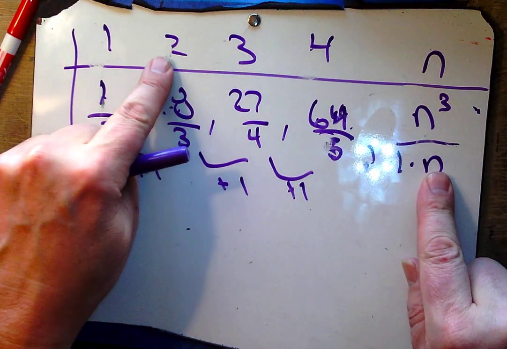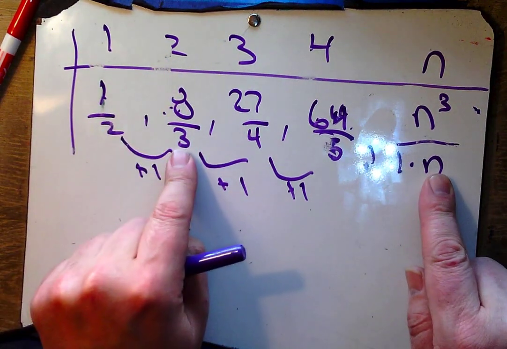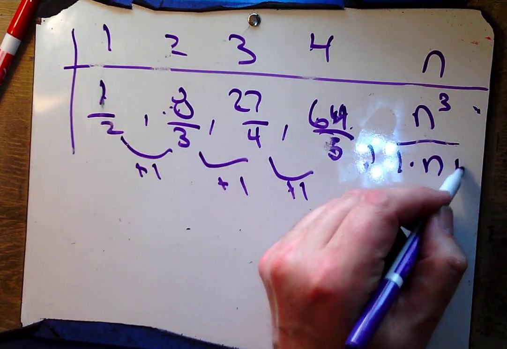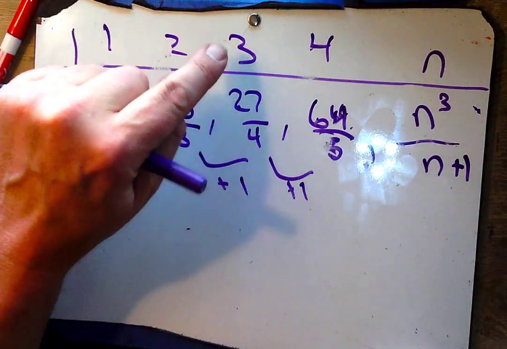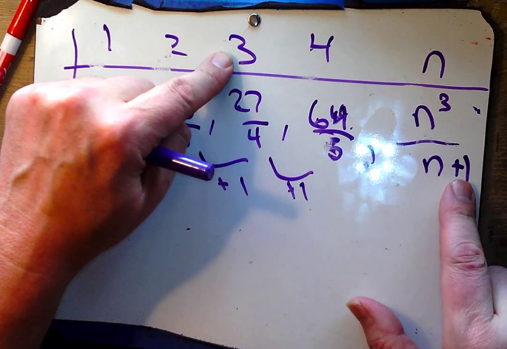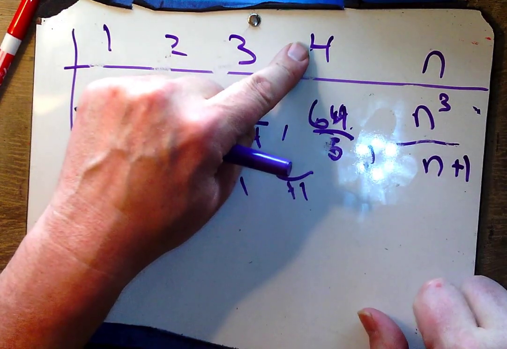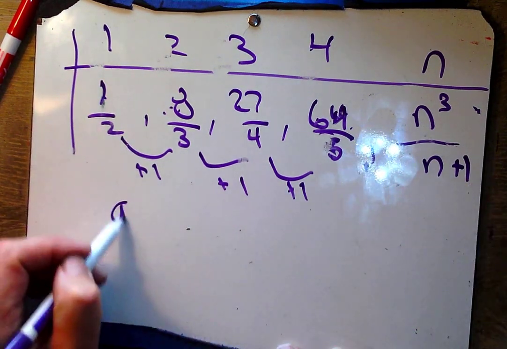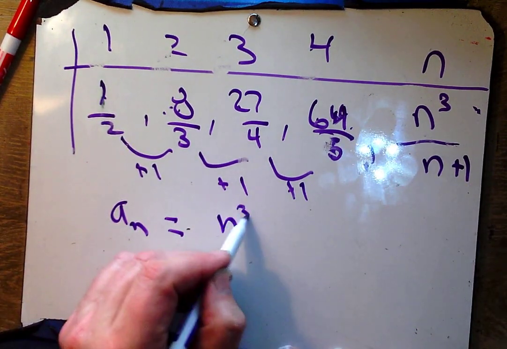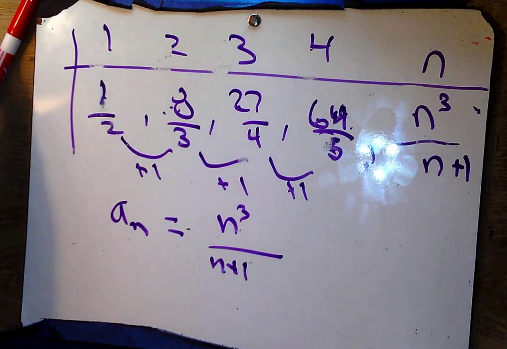Well, when I plugged a 2 into what I thought the rule was going to be, I got 2, and I was supposed to get 3. So I'm going to see what happens when I add 1 on the bottom. If I plug in a 3, 3 plus 1 is 4. There it is. If I plug in a 4, 4 plus 1 is 5. There it is. And so my rule here is going to be n to the third over n plus 1. Any questions about that?